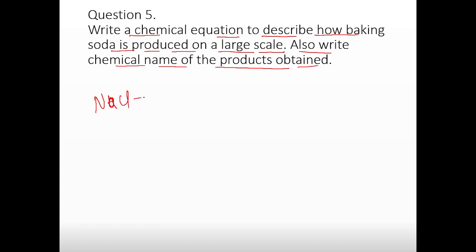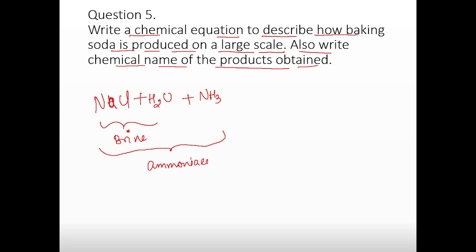NaCl mixed with water is known as brine. You'll be writing that brine is bubbled with ammonia. So now this mixture is known as ammoniacal brine. Then when you pass carbon dioxide through it, it is going to give you your baking soda plus NH4Cl.